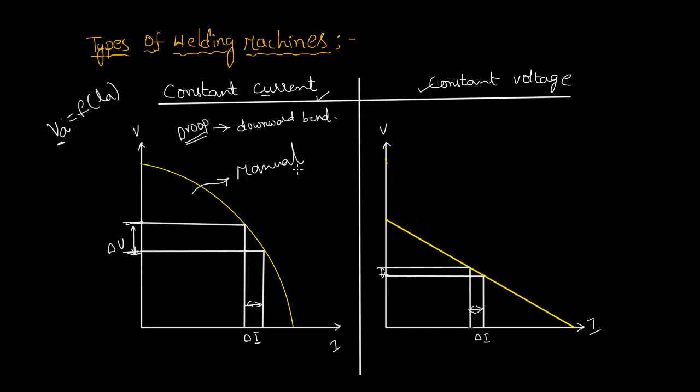So this machine is ideal for manual arc welding. And in the constant voltage case, the arc length can be controlled by the machine so that arc voltage will not be changed. So that arc current can also be changed. This welding machine is a very ideal case for automatic welding machine.